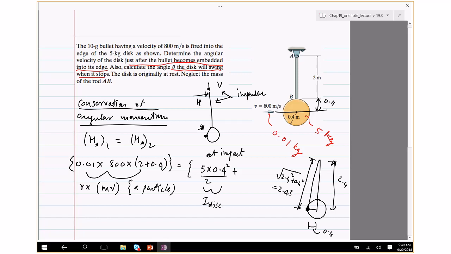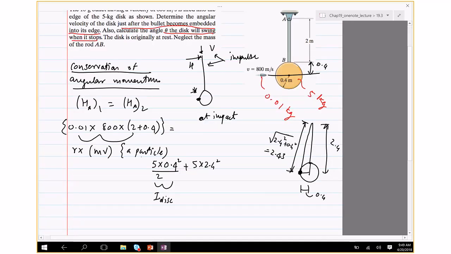So plus mass times 2.4 squared, times omega, plus the angular momentum due to the bullet. So it's going to be 0.01 times 2.43 squared.